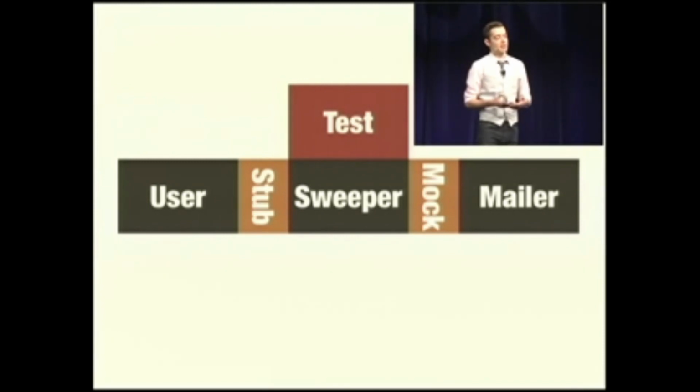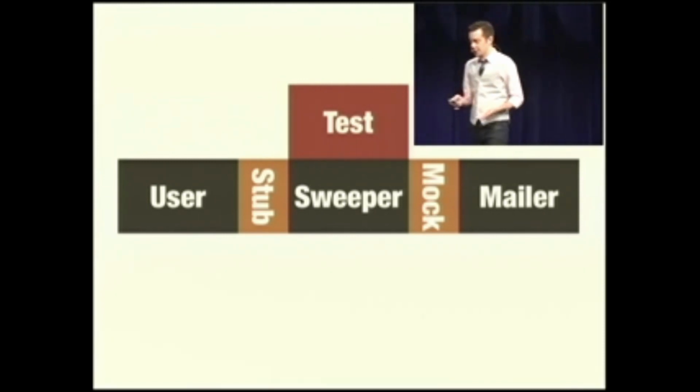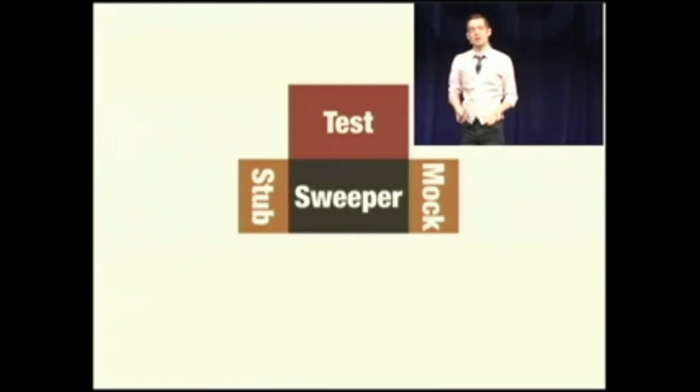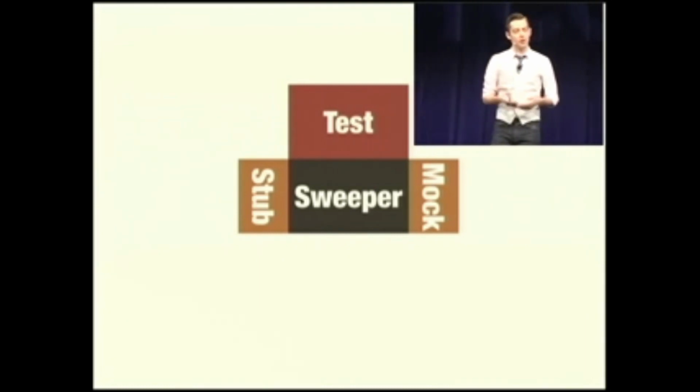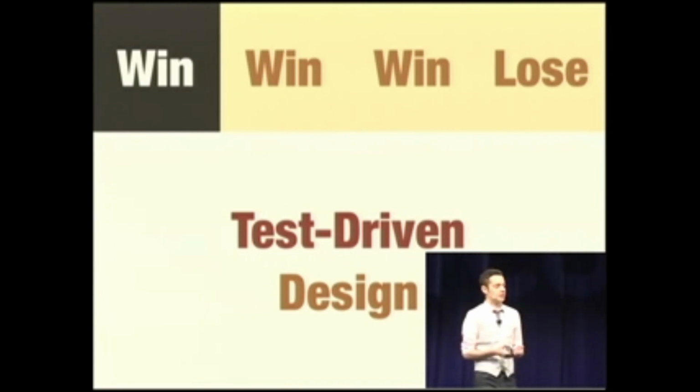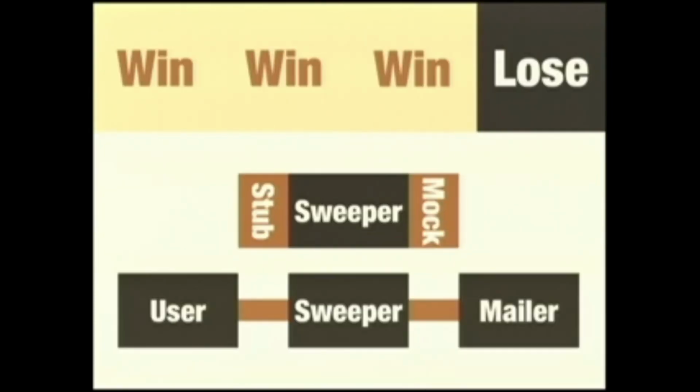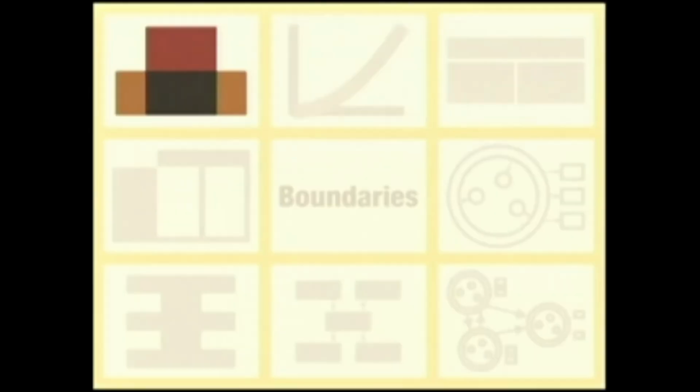User thinks it's running against the mailer, but in reality, the test system actually looks like this. There's only a mock and a stub. There's no user mailer involved. There's no user involved. So that is test isolation and test doubles, mocks, and stubs.